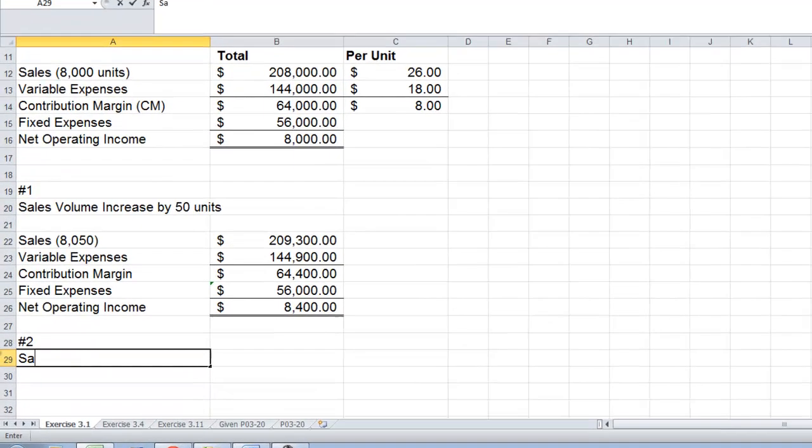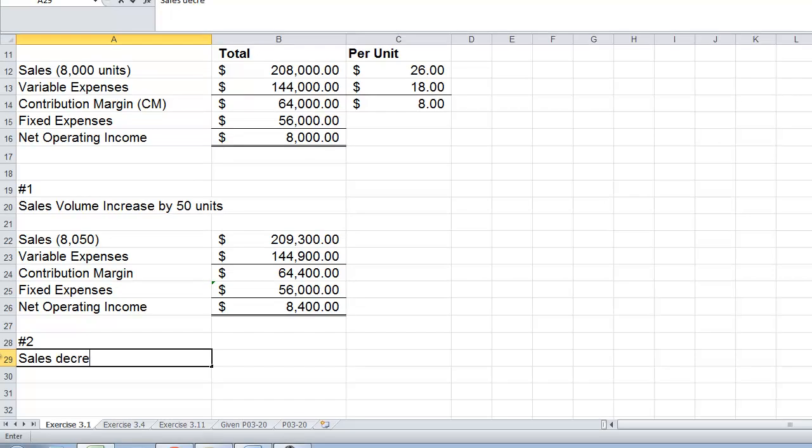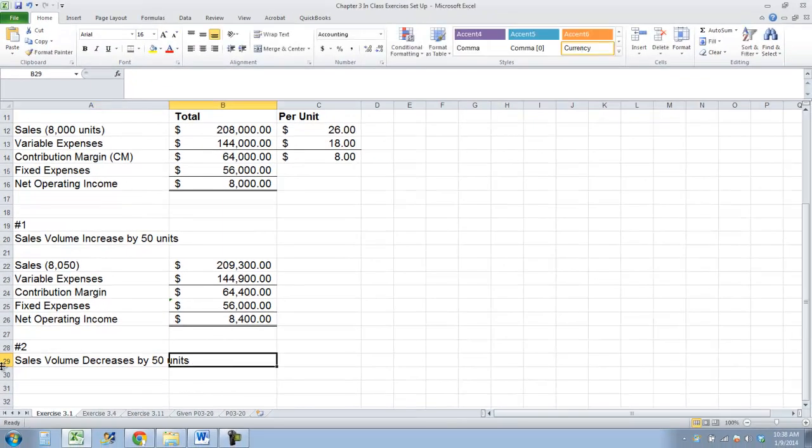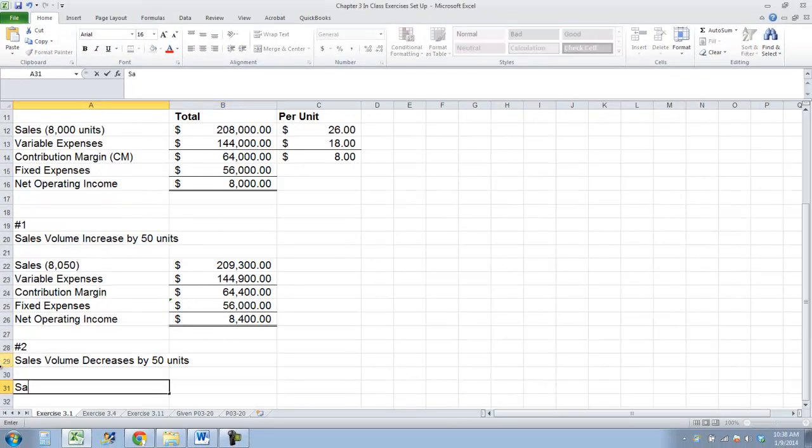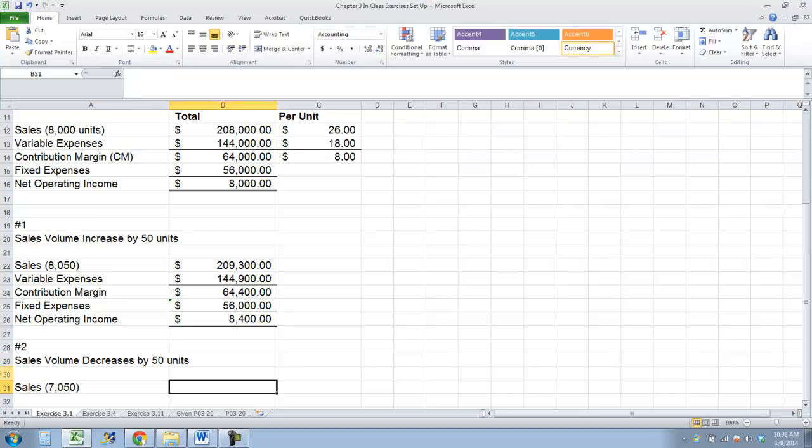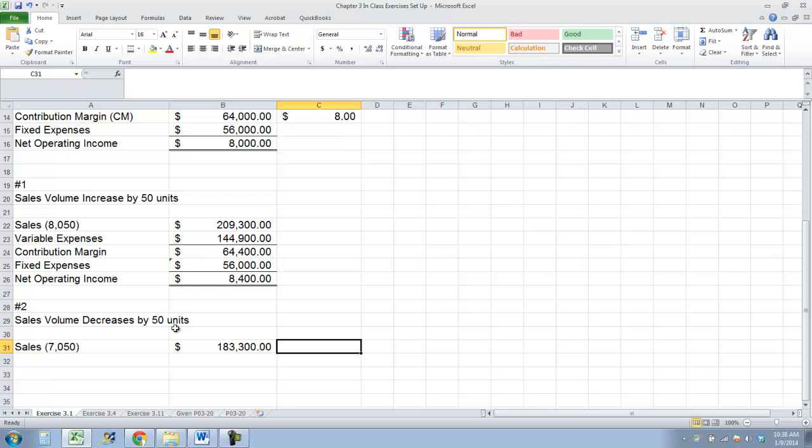Okay, what if sales decrease? Sales volume decreases by 50 units. Okay, so now we're going to have sales, and that'll be 7,050 units. 7,050 times the $26 per unit.